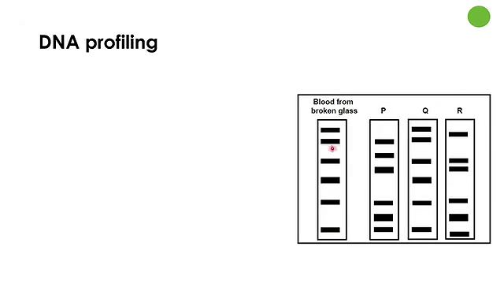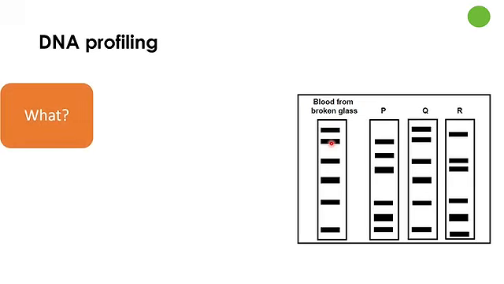So all these DNA fragments that we see here would need to match 100% with the victim's DNA profile. So we're going to look at the size of these DNA fragments, and we're also going to look at the position of where these are found in order to determine who that DNA belongs to.